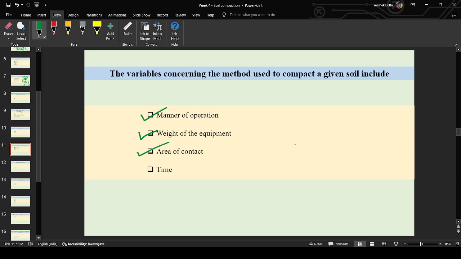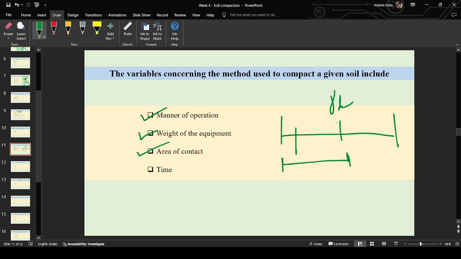See, I am compacting. Okay, I am starting from here to here. Suppose this is the time span. At this point of time, I will achieve the maximum dry density. But if I stop early, between this, I will not be achieving the maximum dry density.